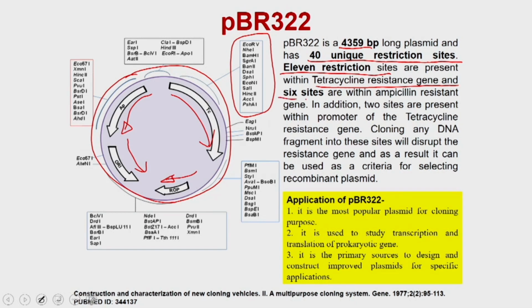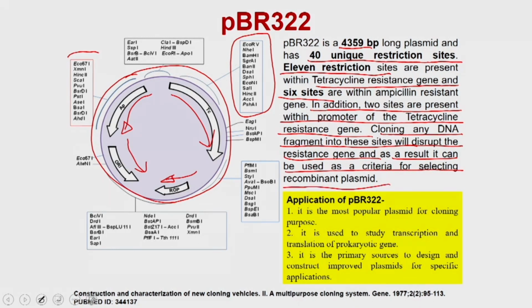Then you have 6 sites present within the ampicillin resistance gene, and 2 sites present within the promoter of the tetracycline resistance gene. Cloning of any DNA fragment into these sites will disrupt the resistance gene, and as a result it can be used as a criterion for selecting recombinant plasmids.